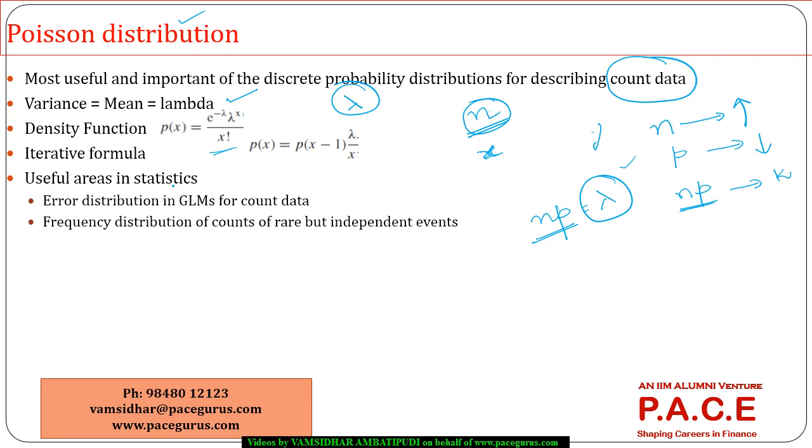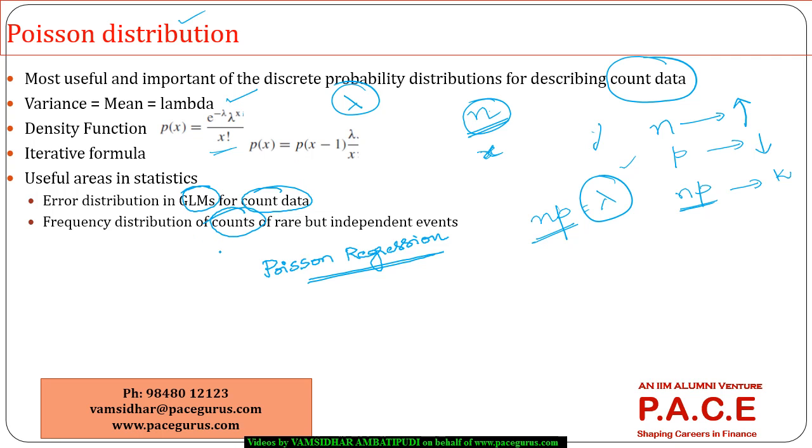So there are a couple of areas where you'll use them heavily in statistics, so understanding is very much important. A lot of times when we are using generalized linear models, especially for count related data, we have something called Poisson regression. When I am modeling count related data, I'll use this specific feature called Poisson regression, where the Poisson distribution comes in handy.